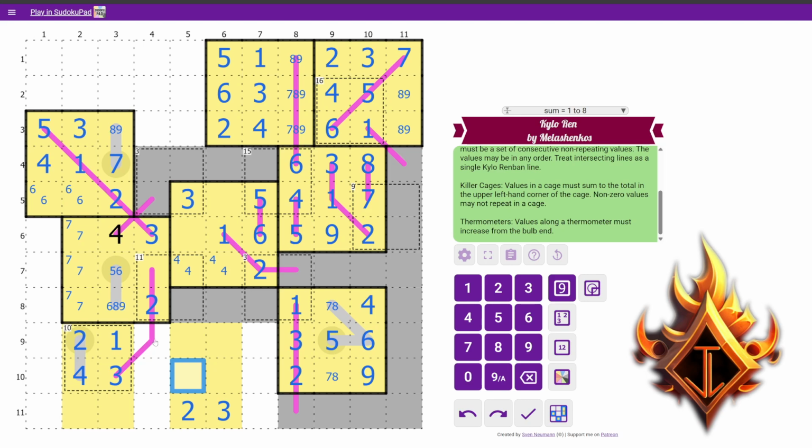There needs to be a 4. That might be okay too. Okay. 5? No, don't know yet.